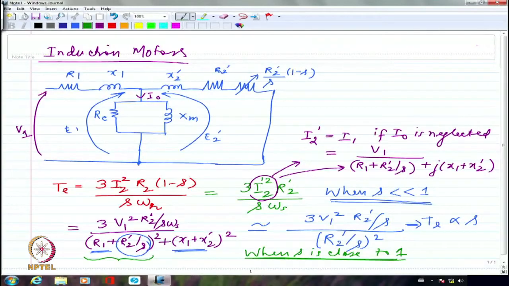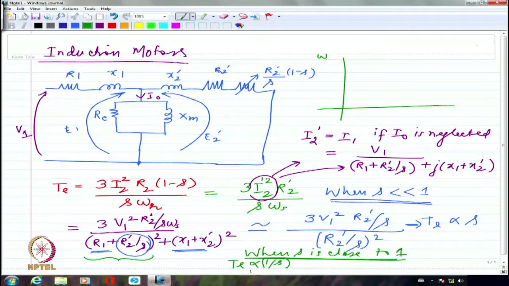So I can directly say that the torque is going to be proportional to 1 by S. This is what happens when the slip is close to 1, or very close to the starting condition.